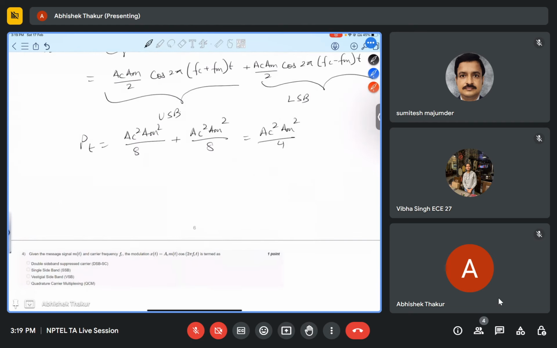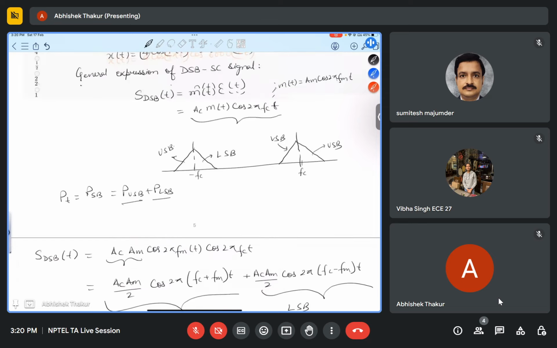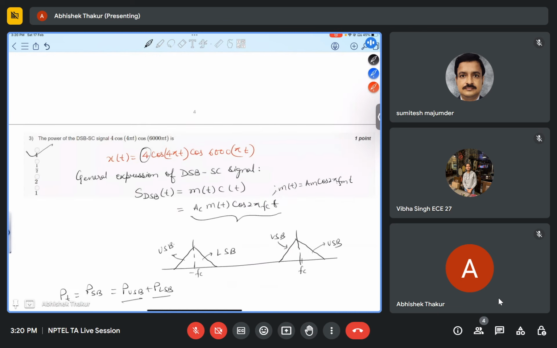Okay. So the answer will be 4 square, Ac Am square divided by 4. So this is equal to Ac Am square by 4. So answer will be here 4. So the correct option is the option A for this question.